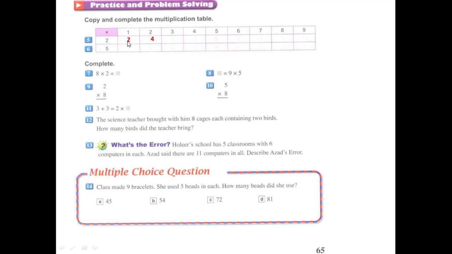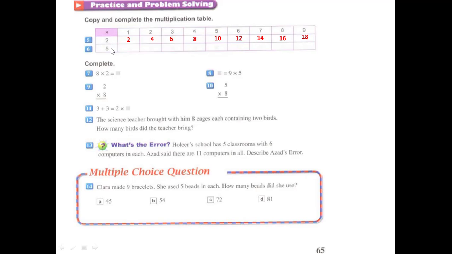2, 4, 6. That means 3 times 2 is equal to 6. 4 times 2 is equal to 8. 5 times 2 is equal to 10. 6 times 2 is equal to what? To 12. 7 times 2, 14. 8 times 2, 16. 9 times 2, 18. Okay, guys?